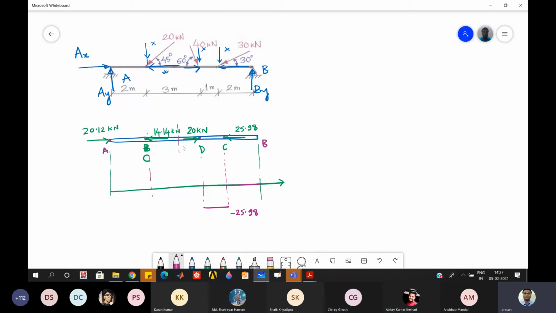Yes, you can see if I take any one side, left or right, you'll see this is your TX, minus 20 plus 25 will be 0, and then TX will be minus 5.98.